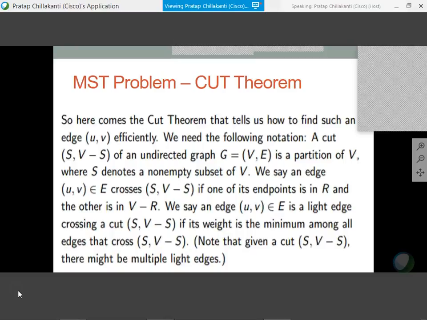So it is a partition of the vertices where S denotes a non-empty subset of V. And then we say that an edge UV belonging to E crosses the cut if one of its endpoints is in S and the other is in V minus S. The next statement, we'll come back to shortly, because it talks about the minimum weight. If the weight is the minimum among all the edges that cross, then it's called a light edge.